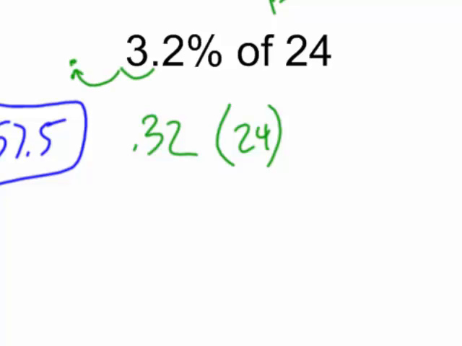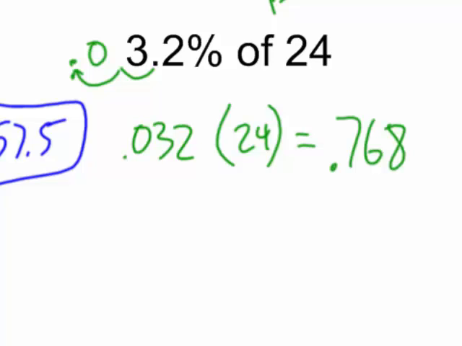So the decimal is now here. Well, what do I put in that empty spot? Yes, a 0. So that's incorrect as well. So we need to go 0.032 times 24. So remember, always move the decimal place 2 to the left when we change percents. And when we multiply those two, we get 0.768. And since it terminates at the 8, we can just leave it just like that. If it would have gone on forever, we could have rounded to like the nearest 10th or 100th.